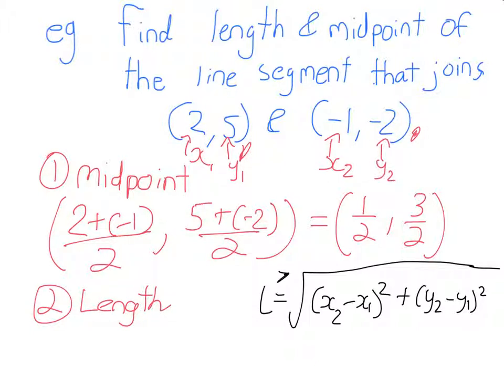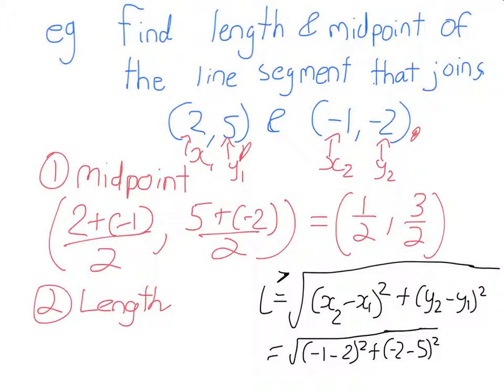And then I simply substitute them into the formula, okay? So x2 is -1 minus x1, and I square that, and then plus, so y2 is -2 minus y1, which is 5, and I also square that, okay?